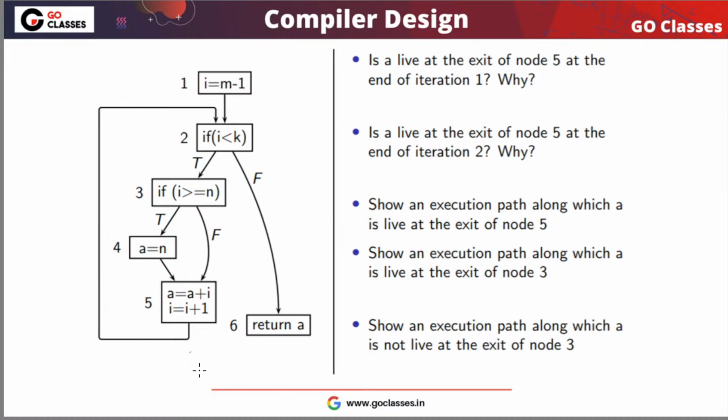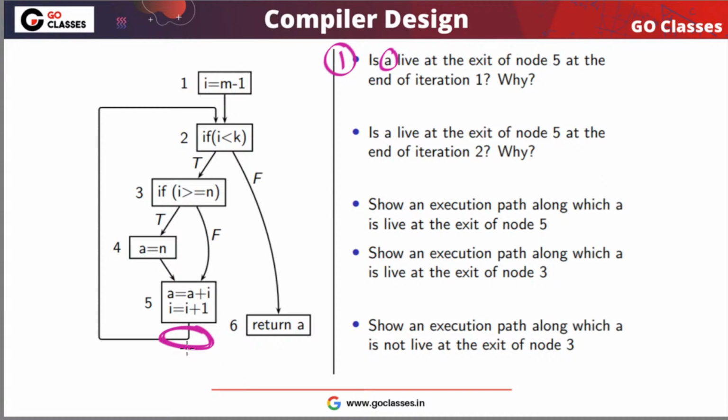Okay, without doing the liveness analysis, can anyone answer these questions? The first question: is variable a live at the exit of node 5? Can I say here variable a is live? At this point, is a live or not?